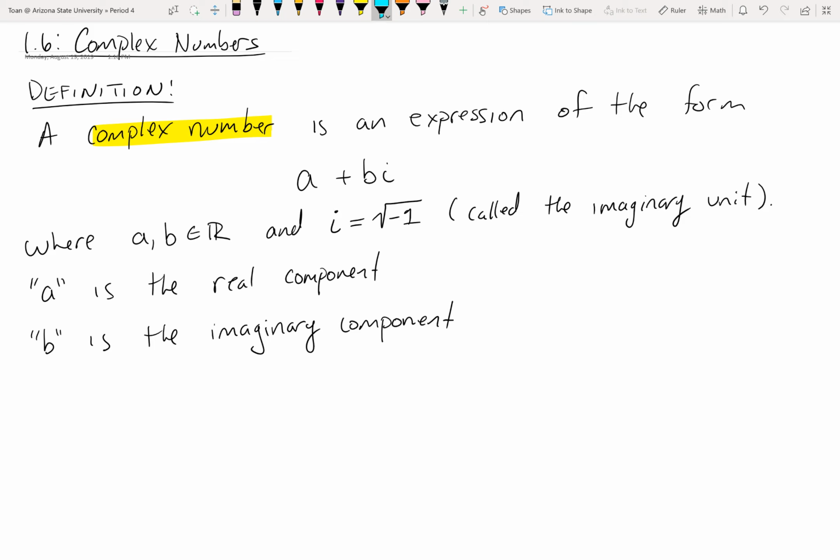So there are some important definitions we should know. This i here, we call it the imaginary unit. And in this definition of a complex number, the a is the real part, and the b is the imaginary part. Those are the important vocab words.